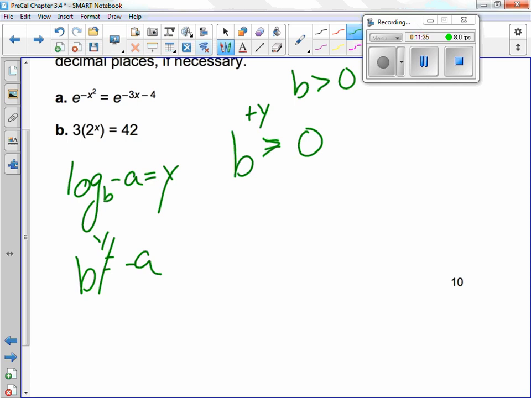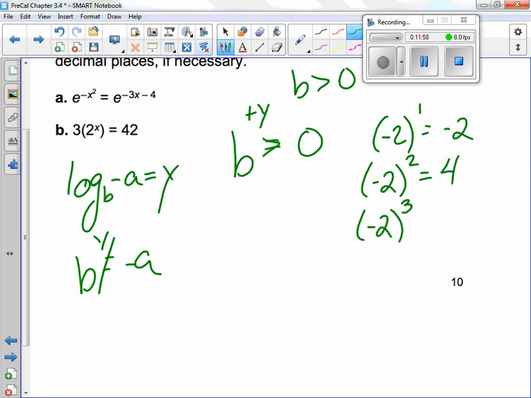Because technically it wouldn't quite be an exponential function if b was less than 0. Say b is negative. Let's say b is negative 2. Well, negative 2 to the first is negative 2, yes? What's negative 2 squared? It's increasing fast, isn't it? What's cubed? Well, that's not increasing, is it? Because how do we define an exponential function? It's either increasing or decreasing.